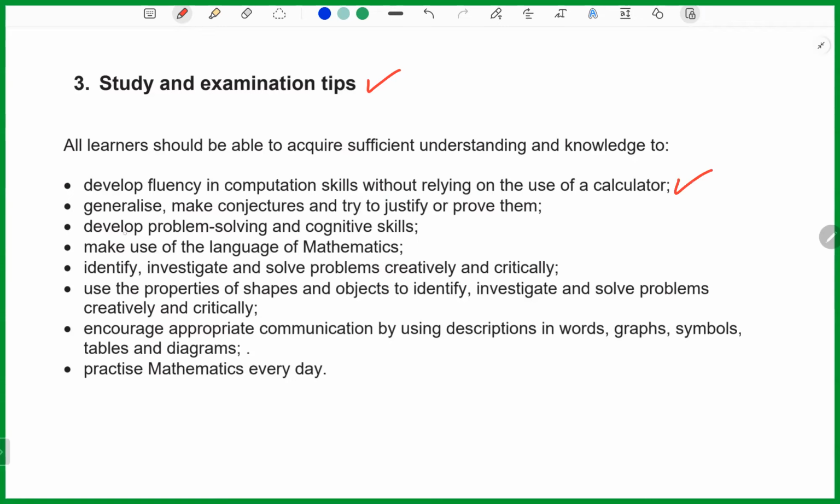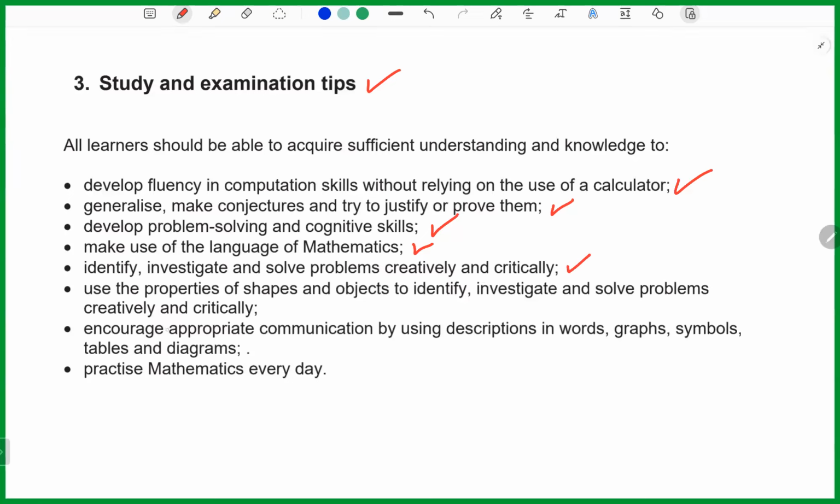These learners need to be able to generalize, make conjectures, and try to justify or prove them. They need to be able to develop problem solving and cognitive skills. They need to be able to make use of the language of mathematics, identify, investigate, and solve problems creatively and critically.